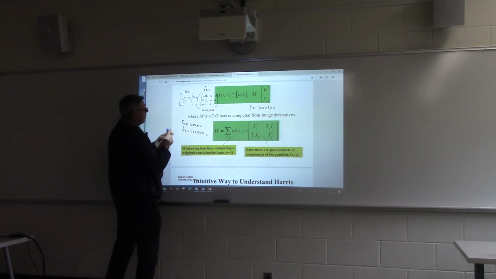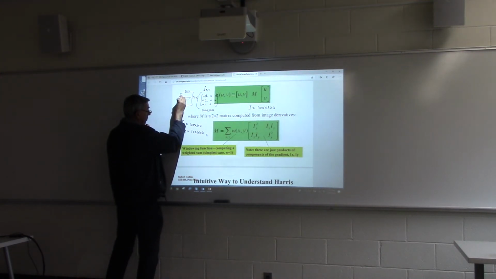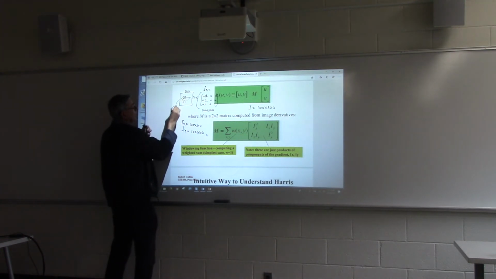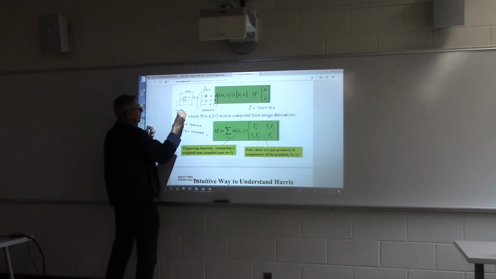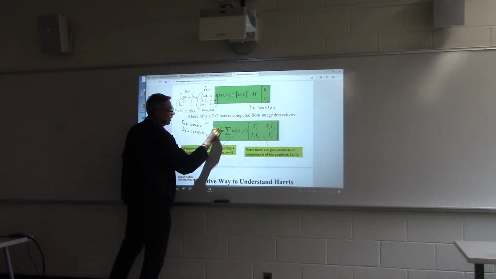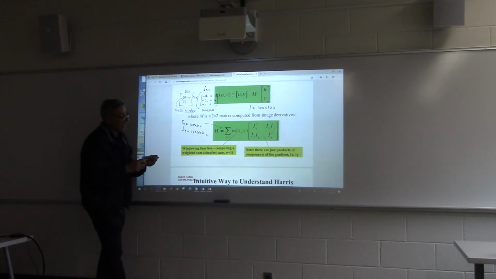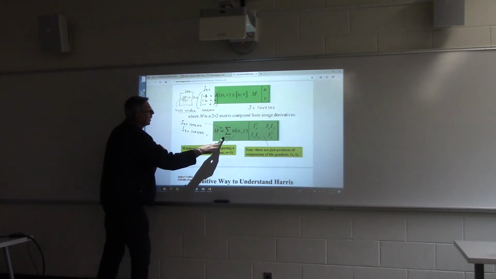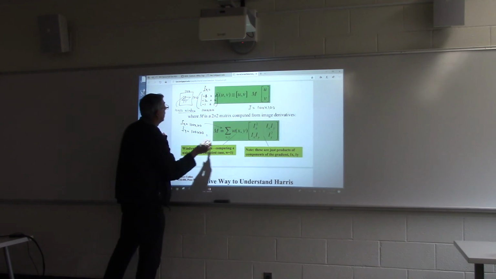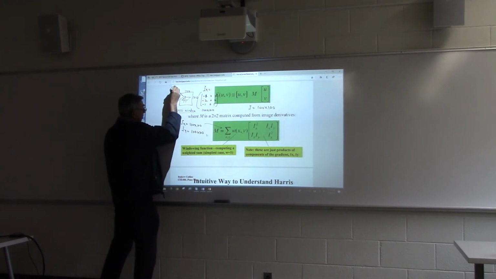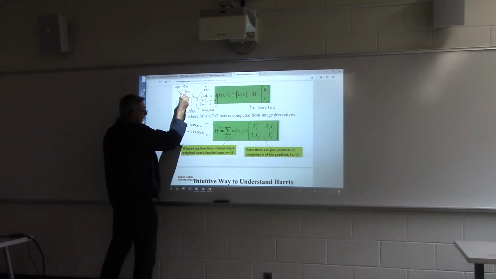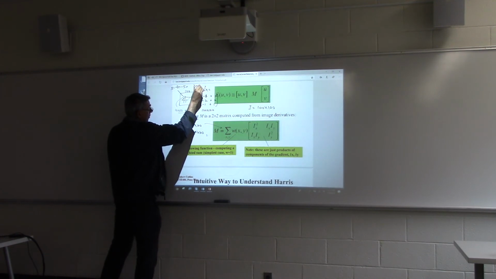Then now we pick a window. Let's pretend the window happens to be somewhere here. So this is our 10 by 10 window. Now try to understand this. What is this going to do? Pretend in this window, X varies from 40 to 50, and Y varies from 30 to 40.